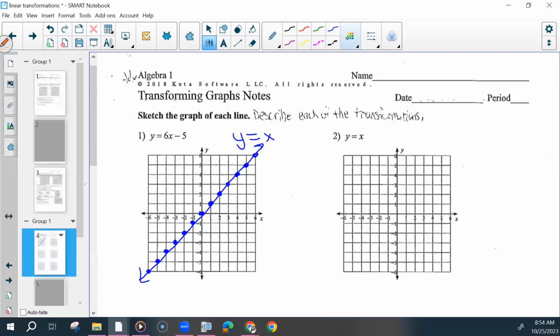Then if we were graphing what's given, we have a y-intercept of -5, so I plot a point there, a slope of +6/1, so I could go up 6 and to the right 1. If I did it again, I'd be off graph. And then a line that goes through all of those.